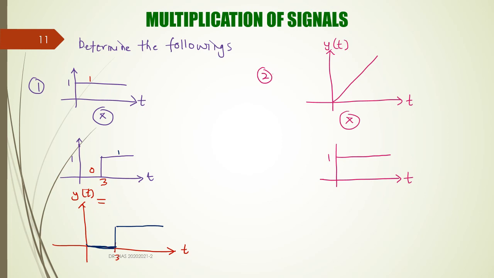Look at the second example on multiplication. You have an increasing signal, y(t) equals t, and y(t) equals 1 across t. What happens here? For example, at 1, the value is 1, so 1 multiplied by 1 is 1.